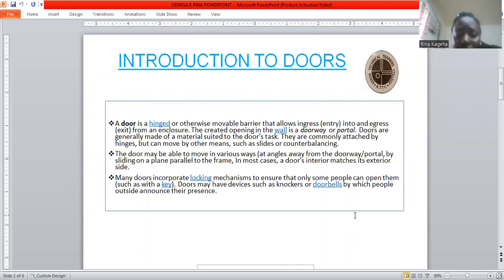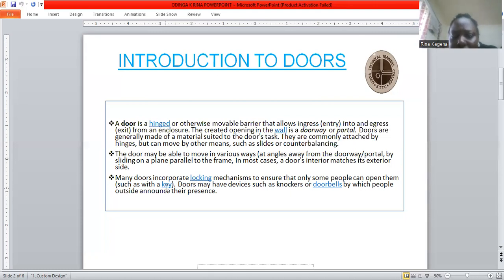Doors are generally made of materials suited to the door task. They are commonly attached by hinges but can move by other means, such as slides or counterbalancing. So we have door lock mechanism. Many doors incorporate locking mechanism to ensure that only some people can open them, such as with a key.